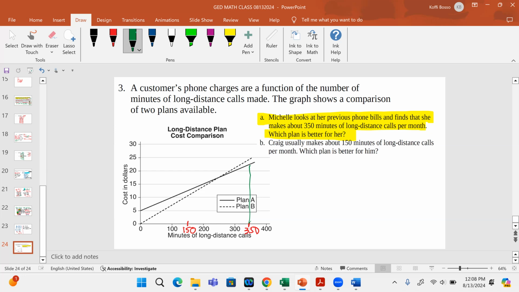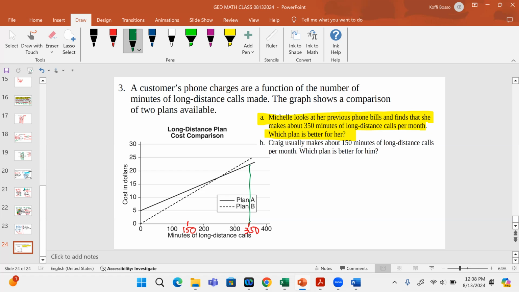So if I touch line A, which is plan A, the cost related to that is less than line B cost. You see? So you pay less for a 350 minute call when you use plan A. Cheaper.